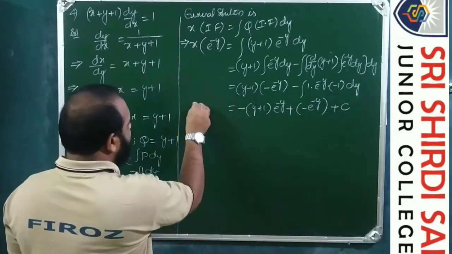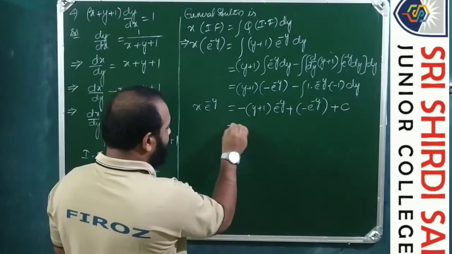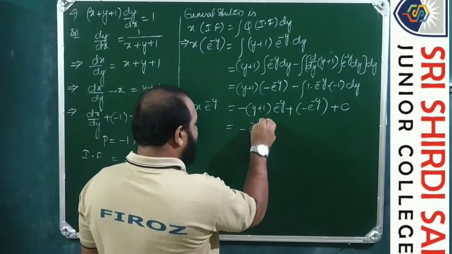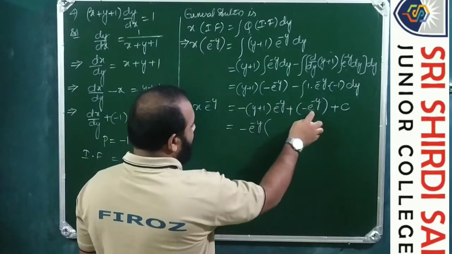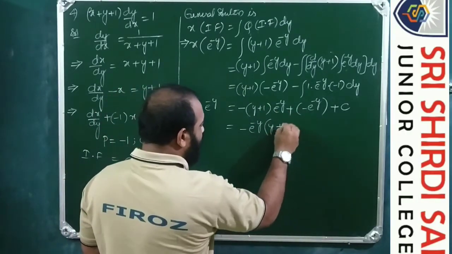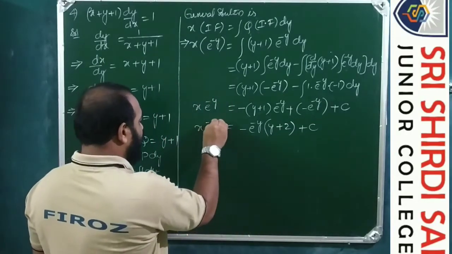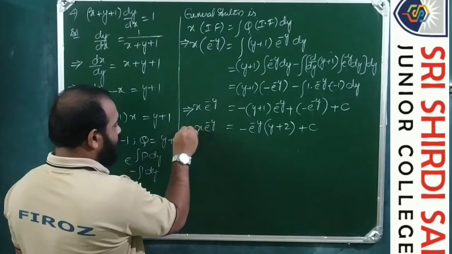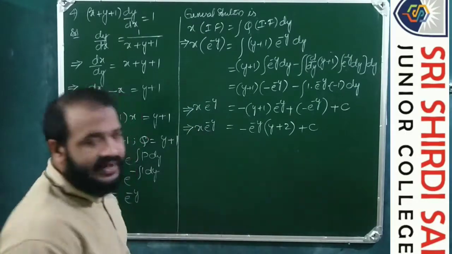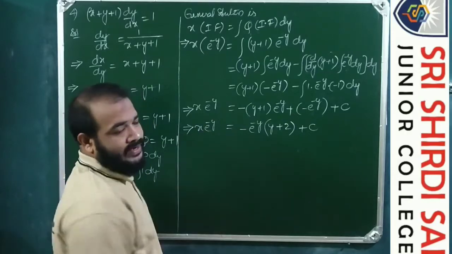This is equal to x into e power minus y. Take minus e power minus y as common in both of them. Then y plus 1 plus 1, so y plus 2, plus c. So x into e power minus y equals this. Let us divide the entire equation by e power minus y.